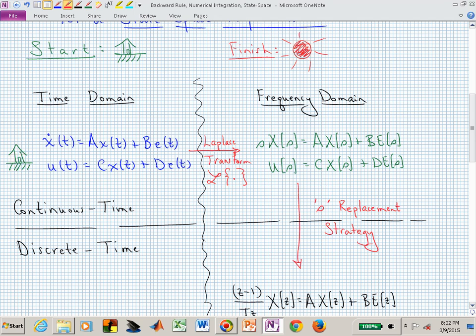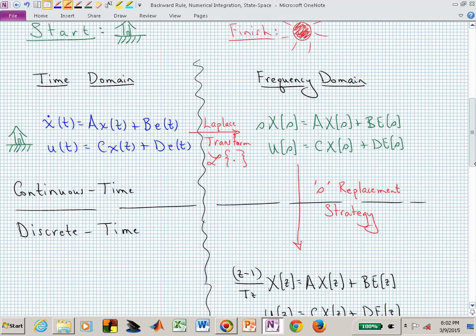Input is E, output is U. We immediately Laplace transformed that. We moved from the time domain into the frequency domain. So we've switched columns. That allowed us to introduce this s variable. And if we're doing the backward rule, we know what to replace s with. It's going to be replaced with (z minus 1) over Tz.